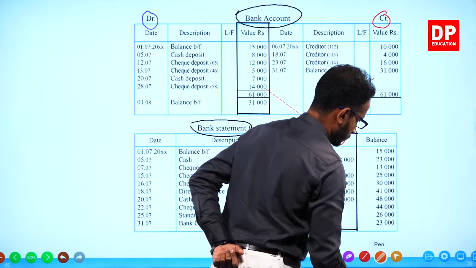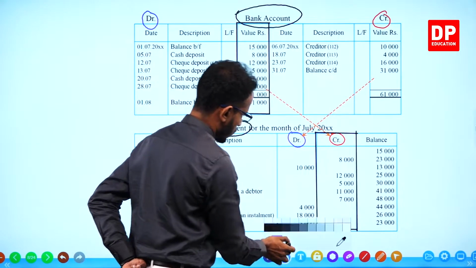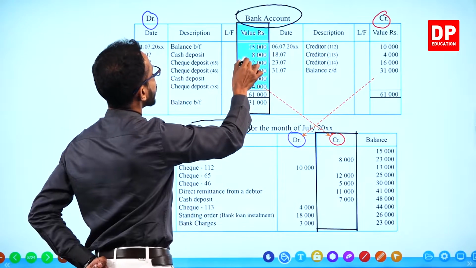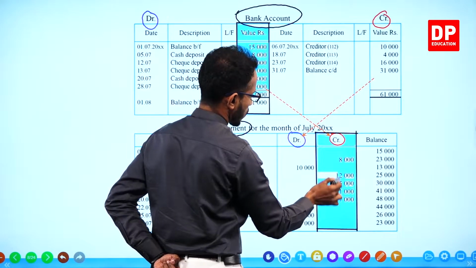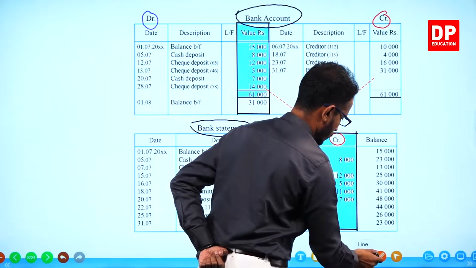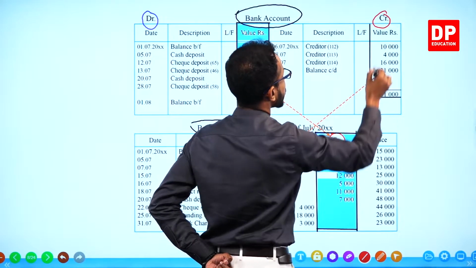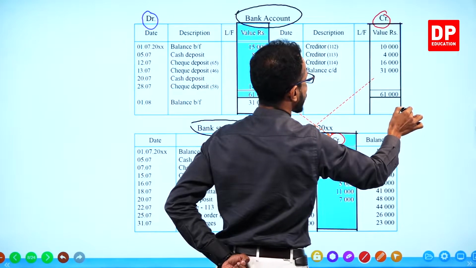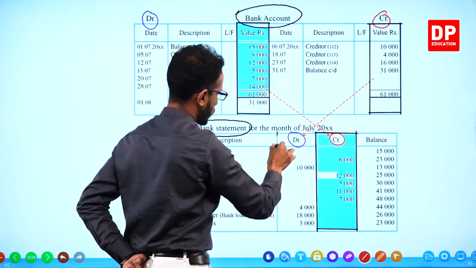We'll use a light color to fill. And credit side with the debit of the statement.